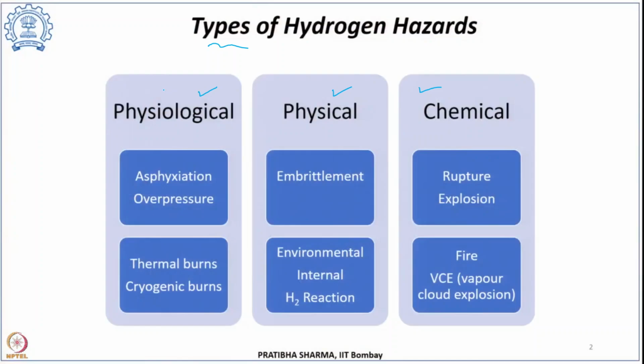Physiological hydrogen hazard means there will be some human symptoms, or humans will face some health hazard issues. I have already discussed how the concentration of oxygen will be low due to hydrogen displacement in the atmosphere, which causes human health hazards like asphyxiation and overpressure. Asphyxiation is a human health hazard.